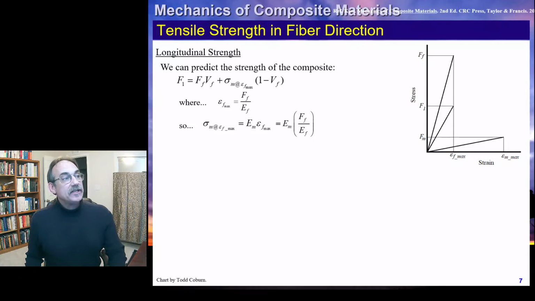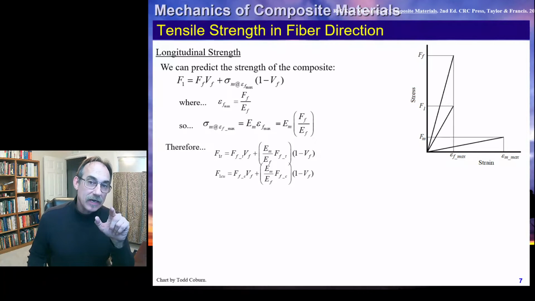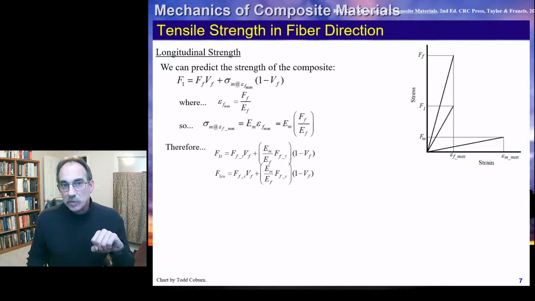We now can plug this into our earlier equation and write it this way. You can see I've written this general equation twice, once for tension and once for compression. So this is giving us the one directional, material principal direction strength for tension and compression. Now for tension, this is a pretty good estimate. For compression, this is a fair estimate as well. However, it's not sufficient, because while this needs to be checked, we also need to worry about stability. We'll do that shortly.